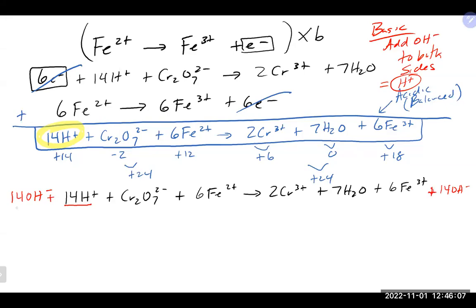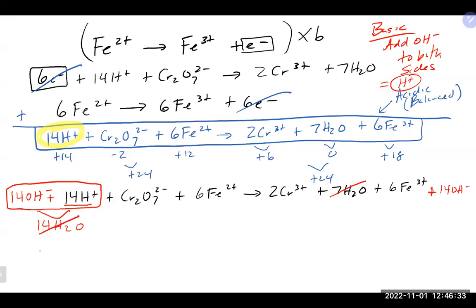On the side where there is OH minus and H plus, OH minus and H plus make water. Yeah, so they will come together to make 14 waters. And typically what will happen at this point is you'll usually have some waters on the other side that you could either cancel or reduce down. And in this case, we have 7 waters on the right, which we could subtract from the 14 on the left.